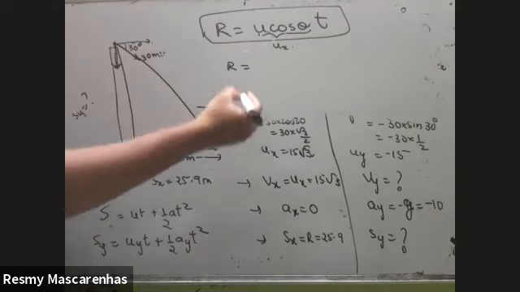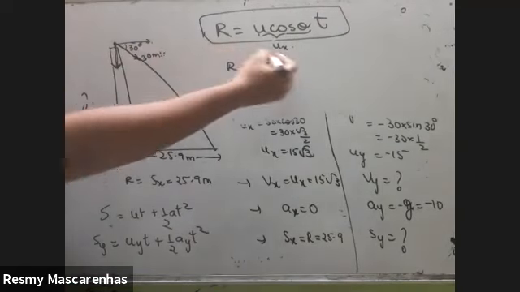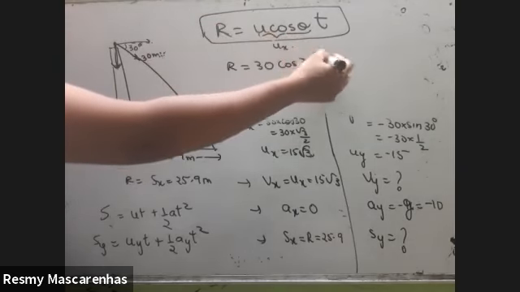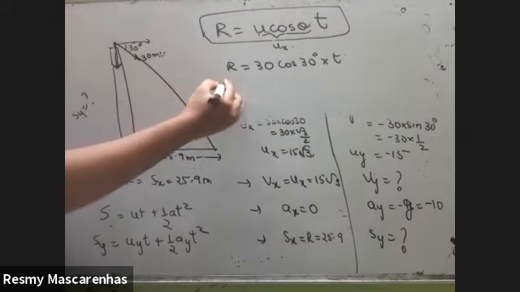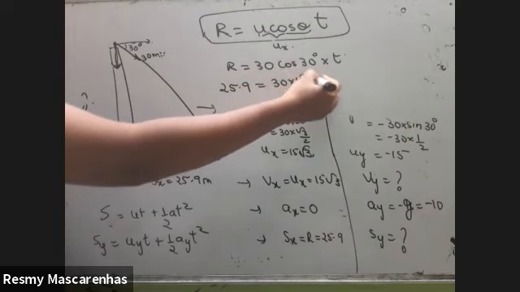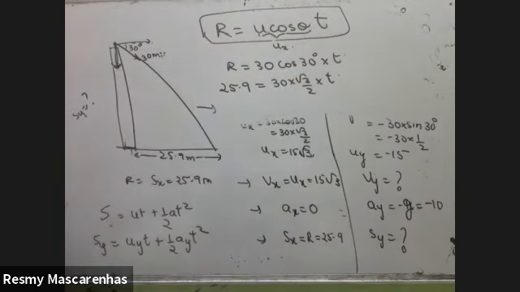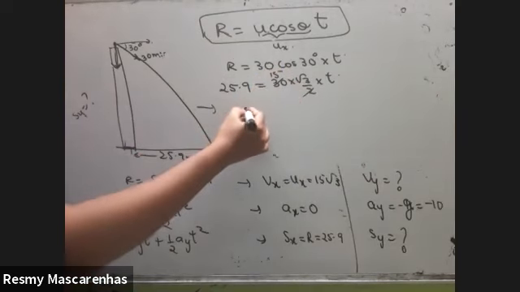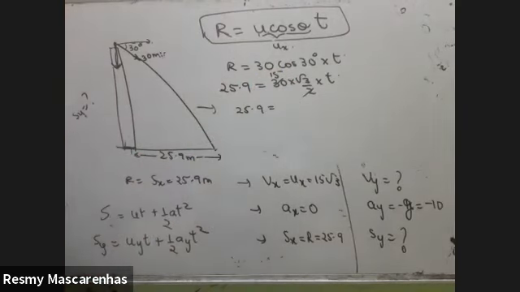So R, with u as 30 meters per second, at 30 degrees, and R given to me as 25.9. If you calculate this now, root 3 is 1.7. I told you already to remember that value. Root 3 value you have to keep by heart because it becomes easier.